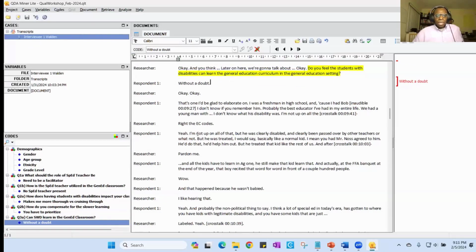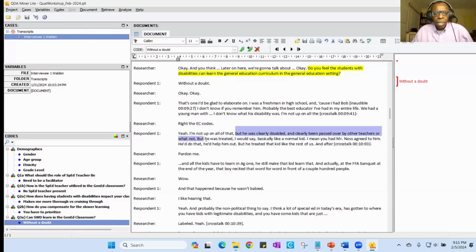Okay, so let's see. Yeah, he's talking about the boy. This is, I would say, basically like a normal kid. But he was clearly disabled and clearly had been passed over by other teachers or whatnot.